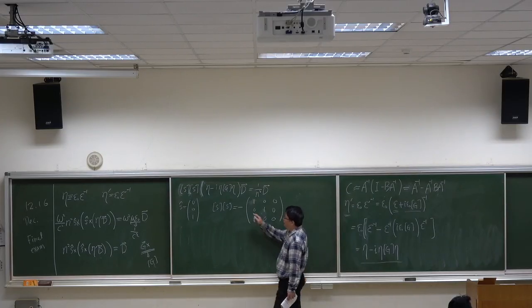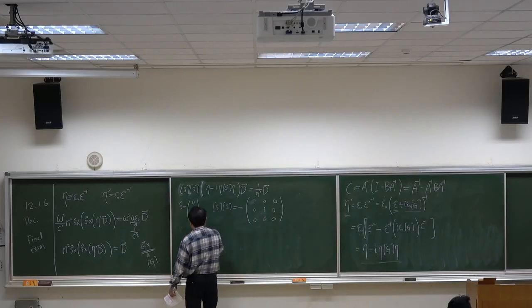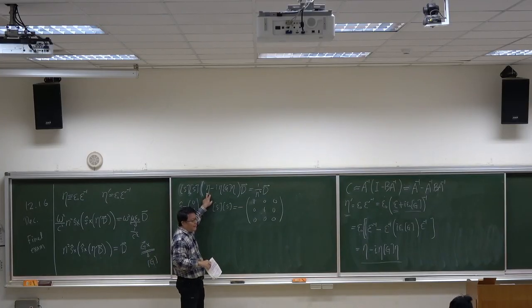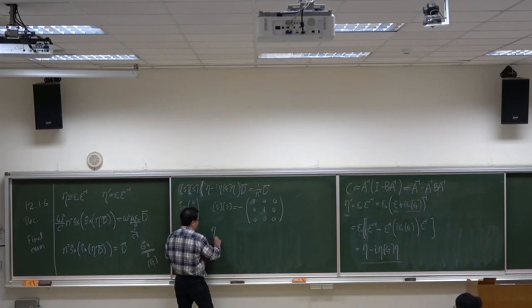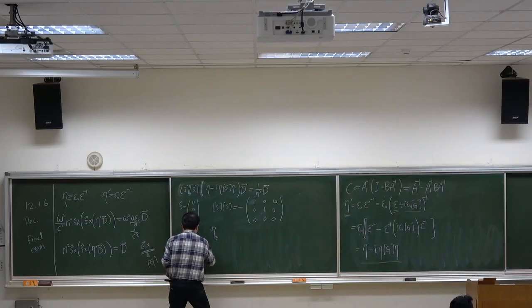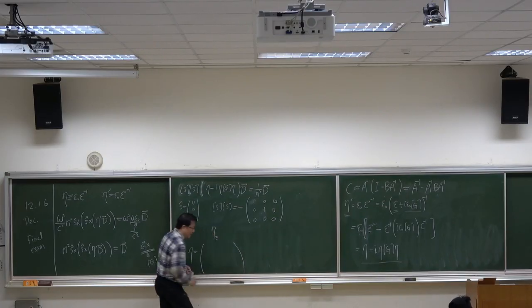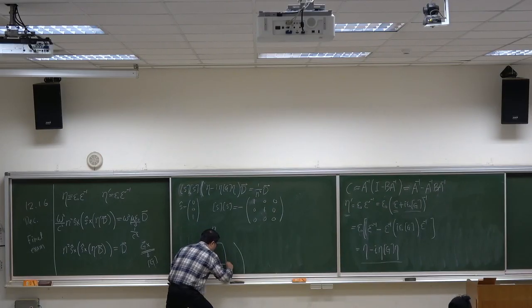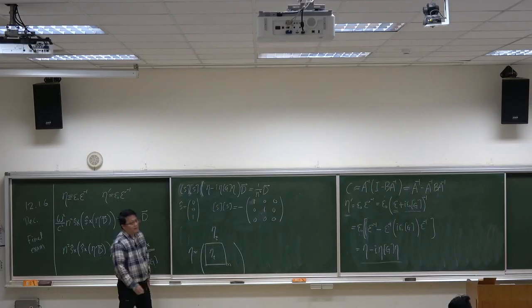And similarly for eta. Although originally eta is a 3 by 3 matrix, now we can use only the 2 by 2 part. Eta is originally this one, and this 2 by 2 part is the so-called eta t.